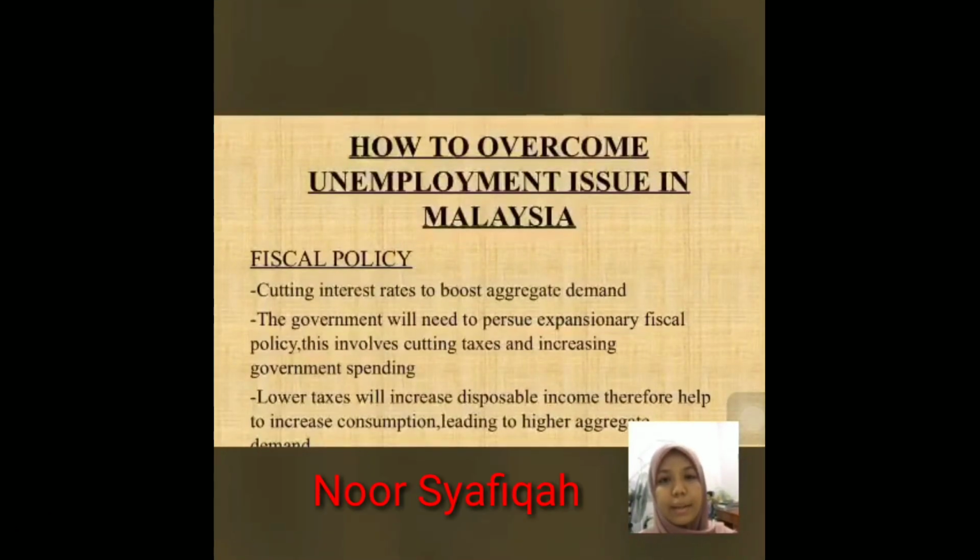Assalamualaikum and hi everyone. My name is Norsyamsul and I will continue the presentation for the next point on how to overcome the unemployment issue in Malaysia, which is fiscal policy. Fiscal policy is the use of government spending and tax policy to influence the path of the economy over time.